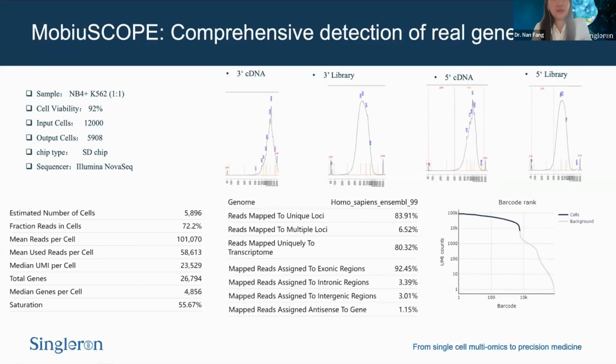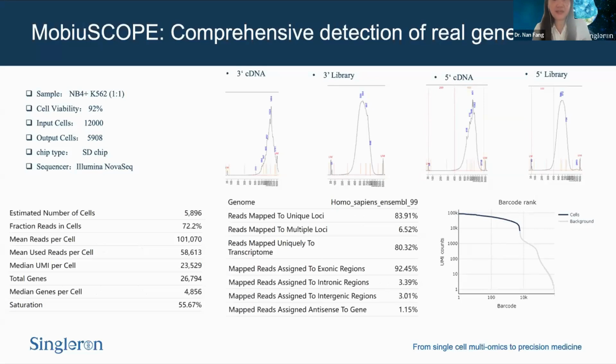As you probably remember, other than the splicing isoforms, the fusion genes are also quite an important phenomenon, especially in certain cancers. So we picked 2 cell lines, NB4 and K562, with, first, known SNPs and known mutations. Second, also known fusion genes.